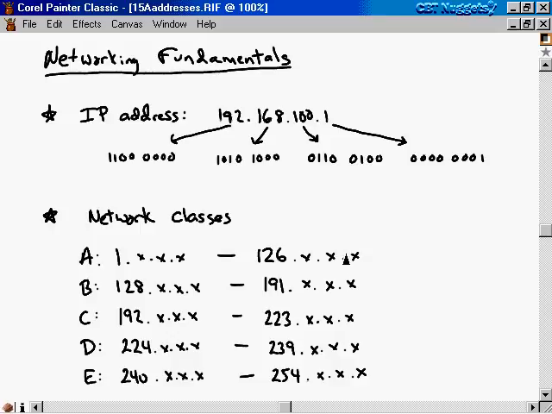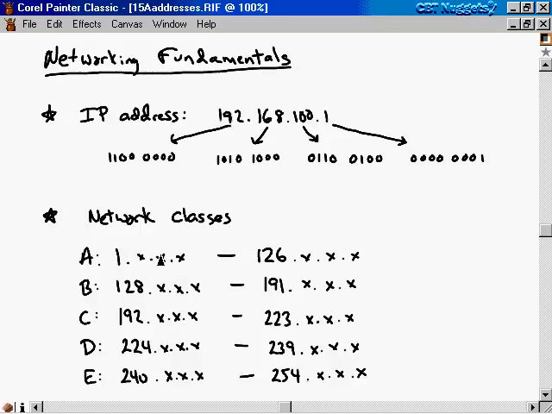If you own a Class A network, given to you by the Internet authority that is in charge of doing this, like the US government, then your IP addresses might start with the number 17. Then you have all of the IP addresses 17.0.0.0, 17.0.0.1, 17.0.0.2, and so on, all those addresses. So there are only 126 different Class A networks, but each one of those Class A networks has 16 million and some hosts inside of it.